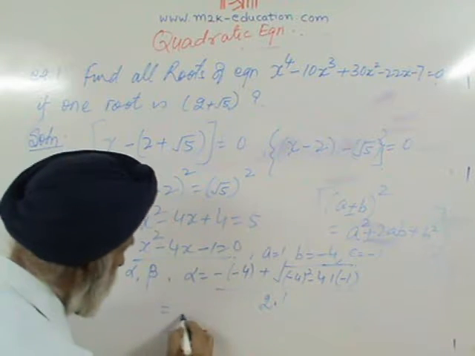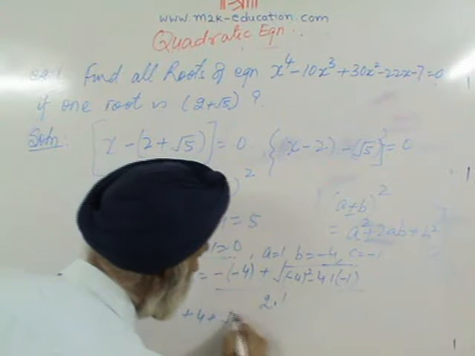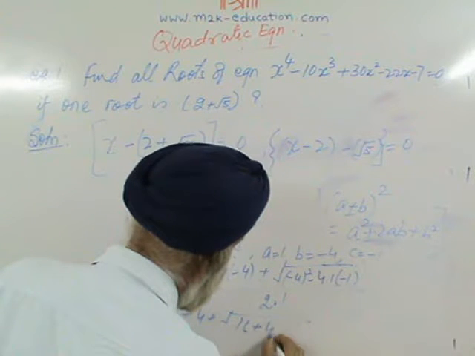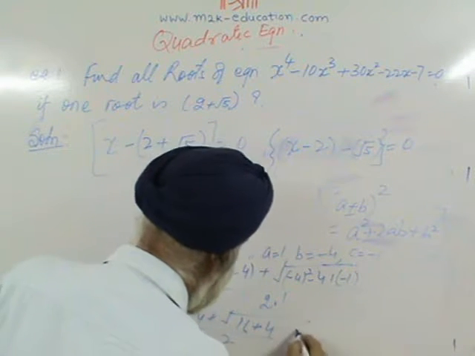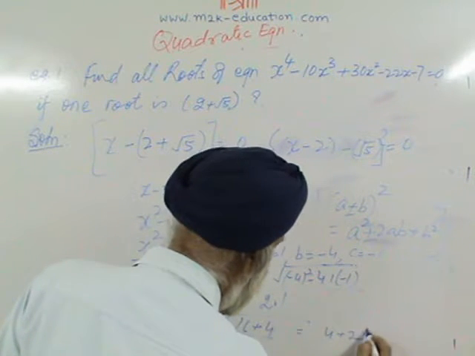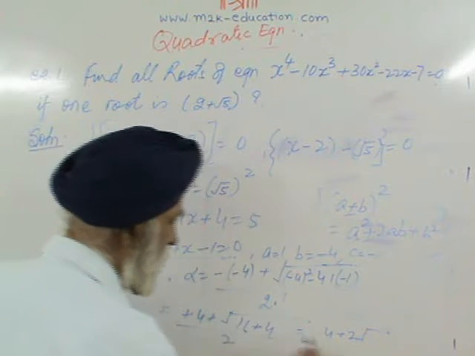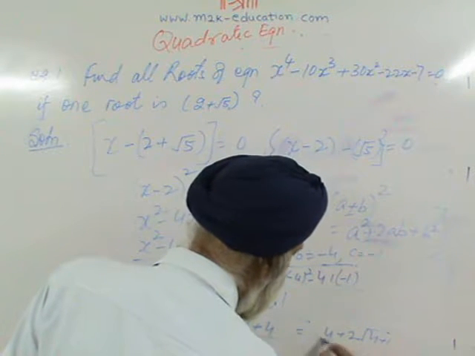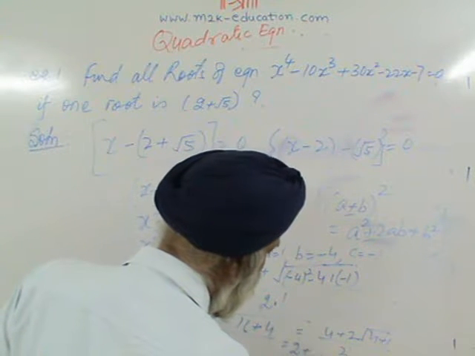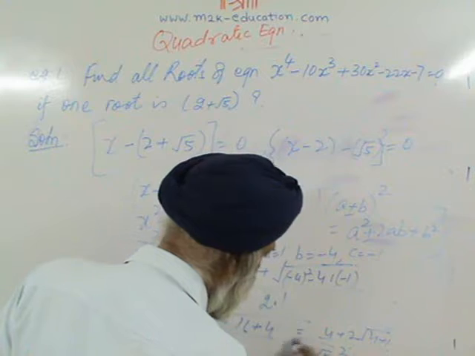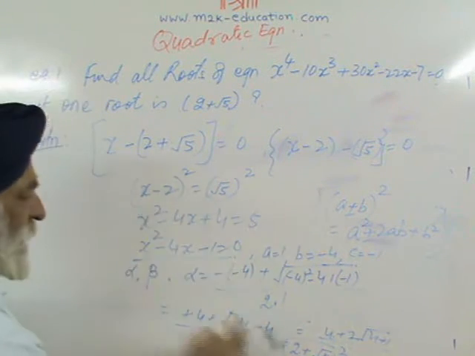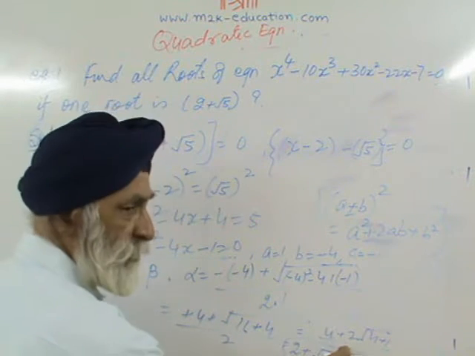This becomes 4 plus root of 16 plus 4 upon 2. It can be further written as, if I take out 2, 4 plus 2 root 5 upon 2. Cancelling it, finally I get 2 plus root 5, which is already given to you. In the case of the minus, again we get 2 minus root 5.